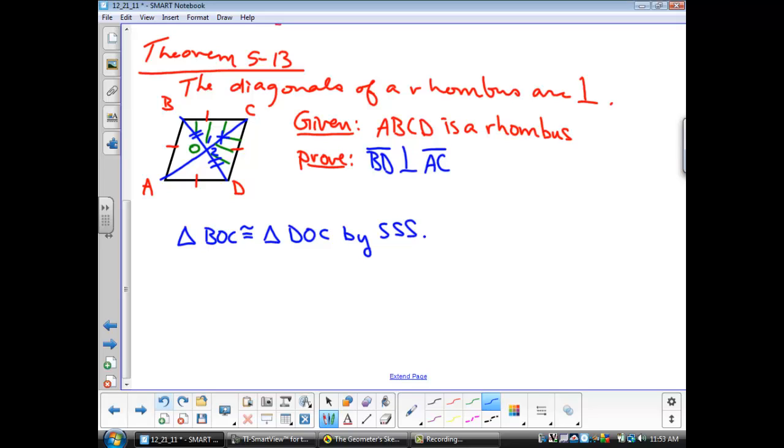It's in chapter 2, so start with 2 something. It is 2.5. Theorem 2.5 says if angle 1 is congruent to angle 2, then those lines are perpendicular.